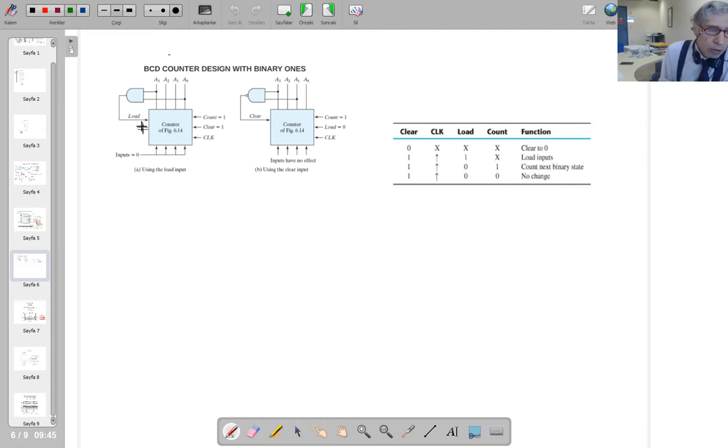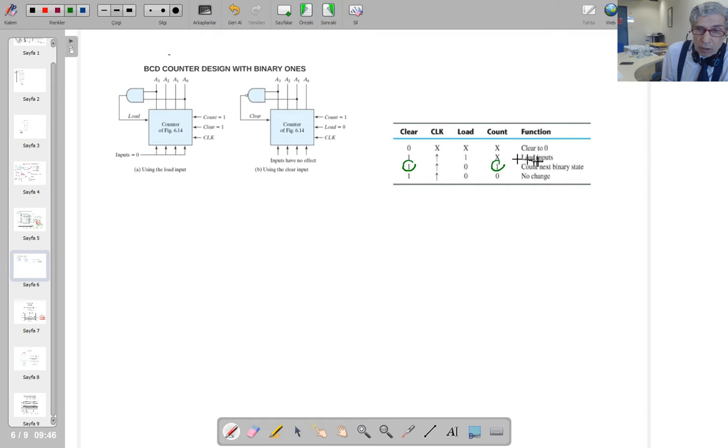It used the load input. So this is a counter. When this counter counts, the count input is 1, clear input is 1, so count is 1, clear is 1, so we are here, isn't it? So we are going to check load now, load input, whether it is 0 or 1.